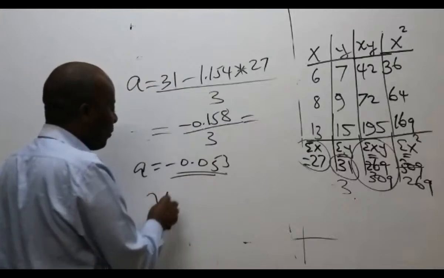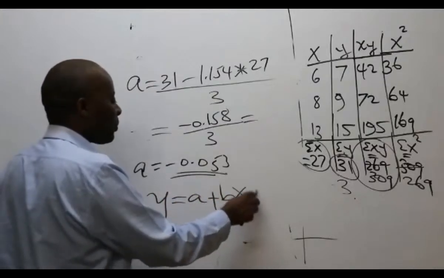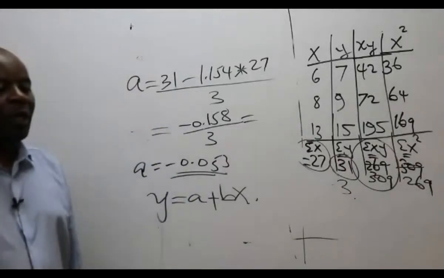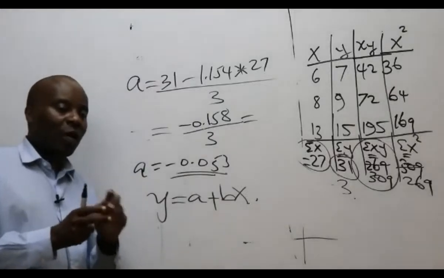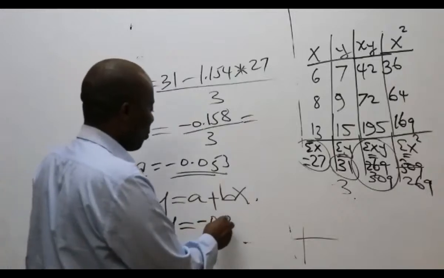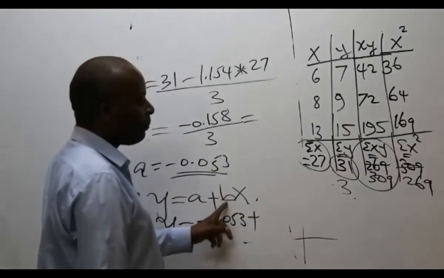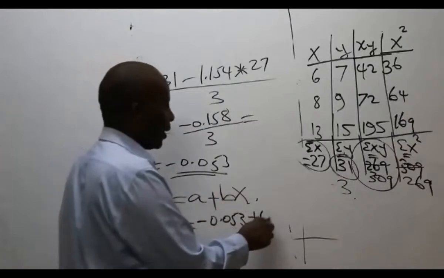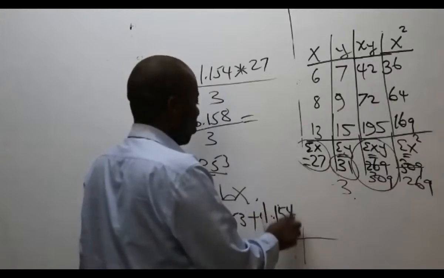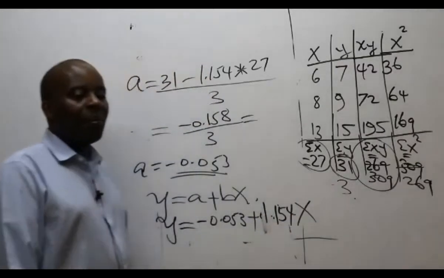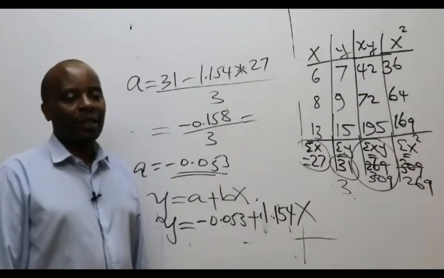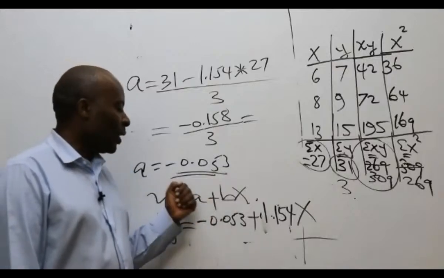Therefore, finally, you have a responsibility of writing for us the formula for Y, connecting Y and X using the connectors A and B. So my Y here will be equal to A, which is minus 0.053, plus B, 1.154 X. Our work at the end of it all is to provide the Y equation, the straight line equation, by bringing in the values of A and B that you have gotten.